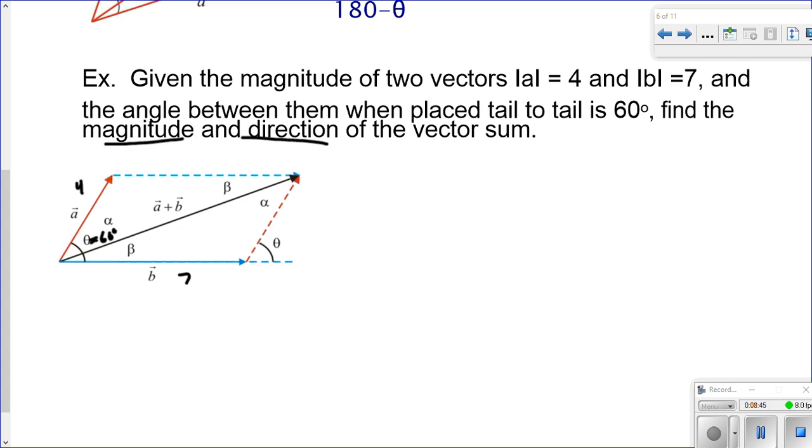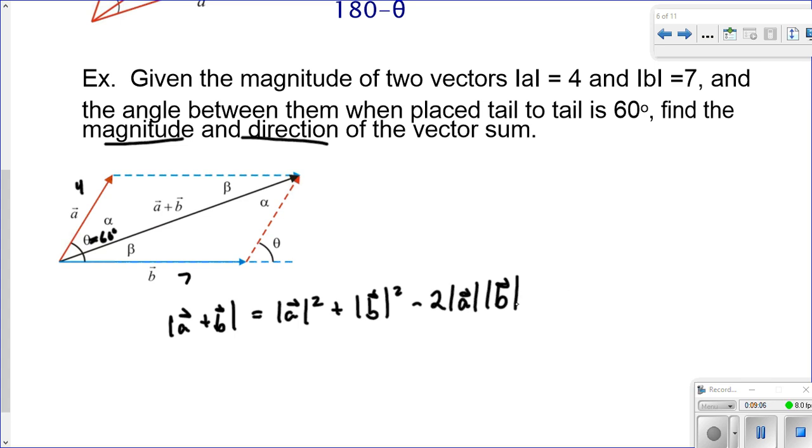So I need to find the magnitude first, and I'm going to use the cosine law. That's this vector here. It's equal to the magnitude of A squared plus the magnitude of B squared, minus 2 times the magnitude of vector A times the magnitude of vector B times the cos of theta, with values in here.